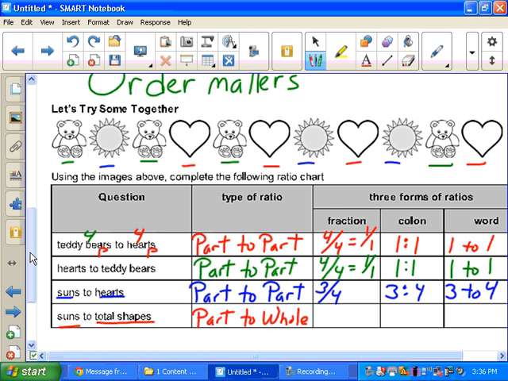We have 3 suns, and we have 1, 2, 3, 4, 5, 6, 7, 8, 9, 10, 11 total shapes. So 3 over 11. As a ratio that is read 3 to 11. 3/11 is already simplified, so we can write that in colon form, 3 to 11, and in word form, 3 to 11.